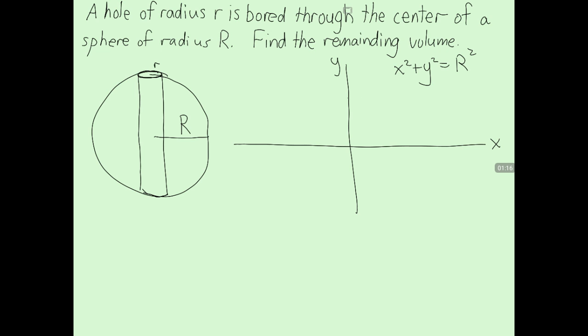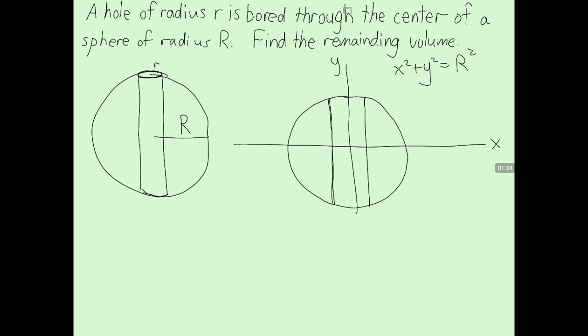So this will give us the shape of a circle. That's close enough to a circle. Okay, so what we want to do is create a hole through this circle.